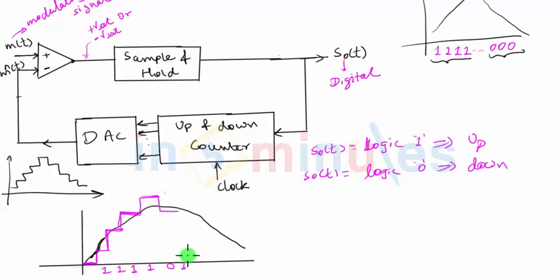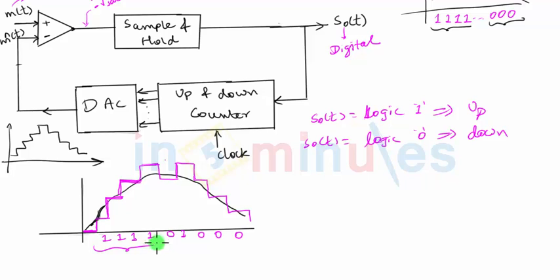This time we can see m of t increases above m cap t, so the output will be logic 1 again. So now I hope you understand that this will continue in such a way that the ones and zeros will be produced based on the nature of m of t. Whenever m of t is increasing, you can see initially the output was logic 1. When m of t is decreasing towards the end, the output is logic 0.